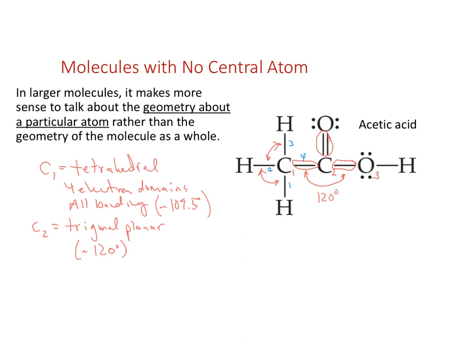And now for my oxygen, again, I'm going to count how many electron domains I have. For oxygen, I would have 1, 2, 3, 4 electron domains with respect to oxygen. 4 electron domains, again, that would put me in tetrahedral electron domain geometry.